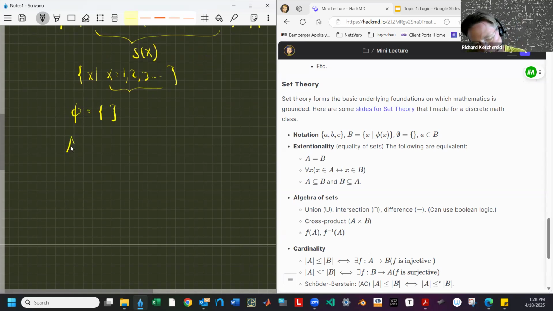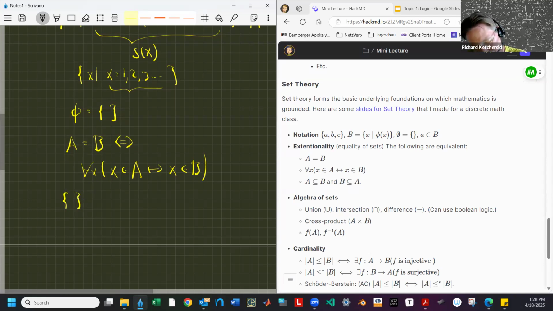A key point about sets is that A is equal to B if and only if, and this is called extensionality, for all x, x is in A if and only if x is in B. Again, I'm going to go back to this kind of silly example.